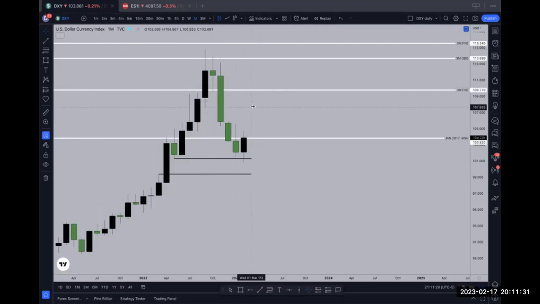That is something I just want to mention now, because that is what I'm thinking as I look at this monthly chart.